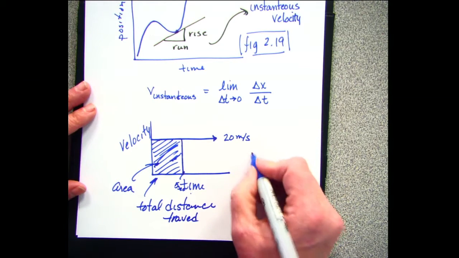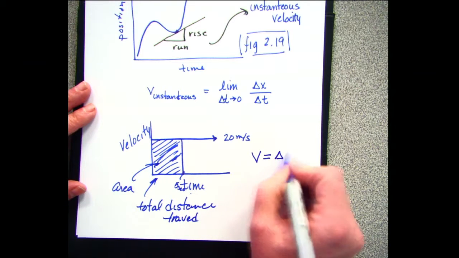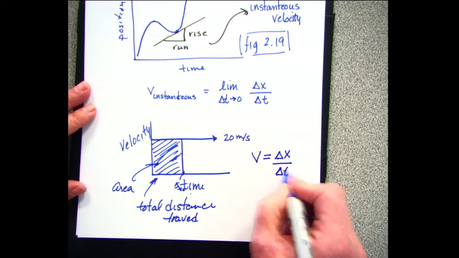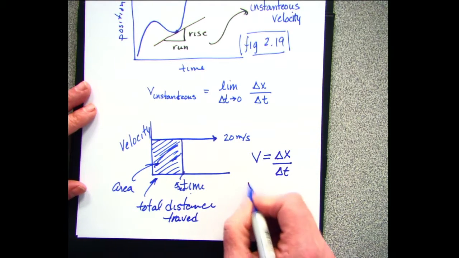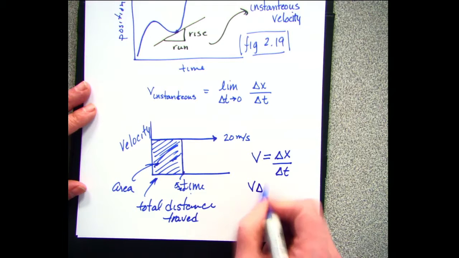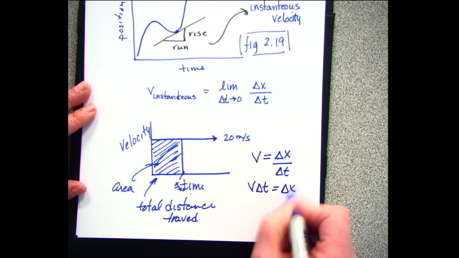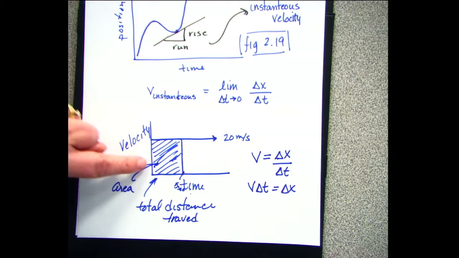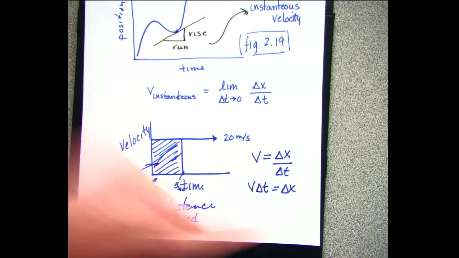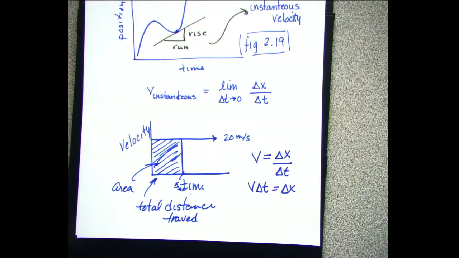Because if I look at velocity as the change in position with respect to the change in time, then we can play around with this. I can say velocity times my change in time is equal to my change in distance. And if I look at this area under the curve, I've got my change in distance, my change in position.